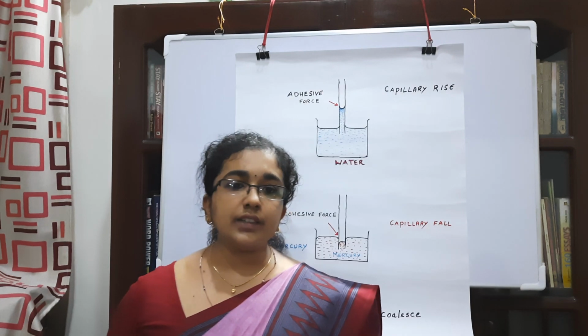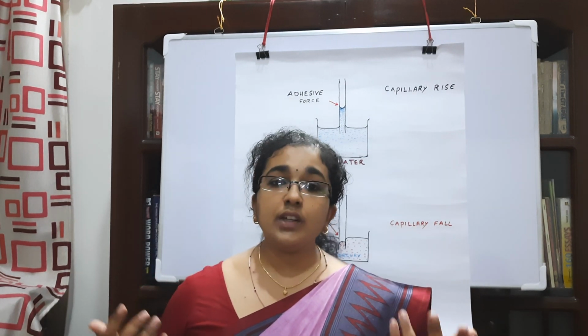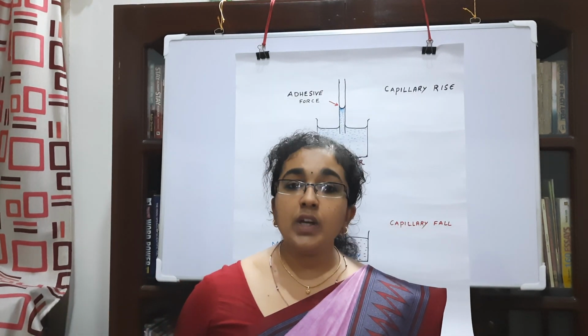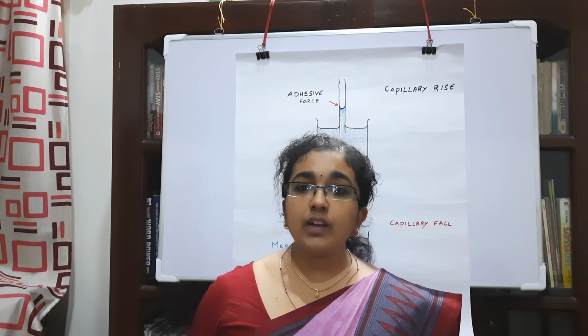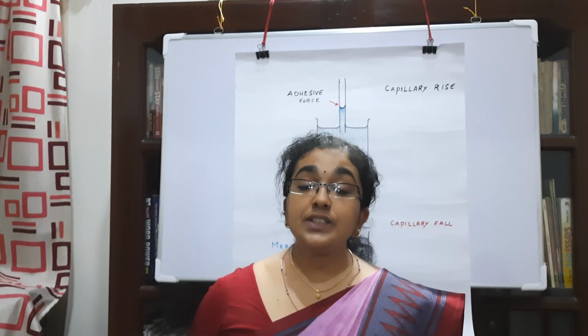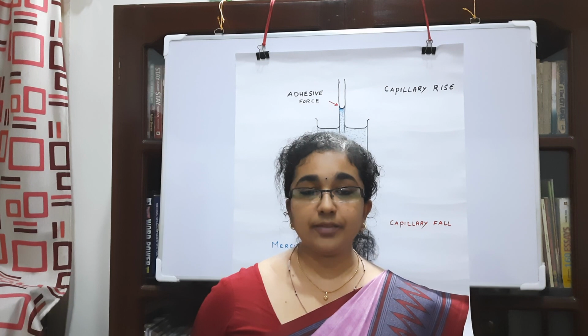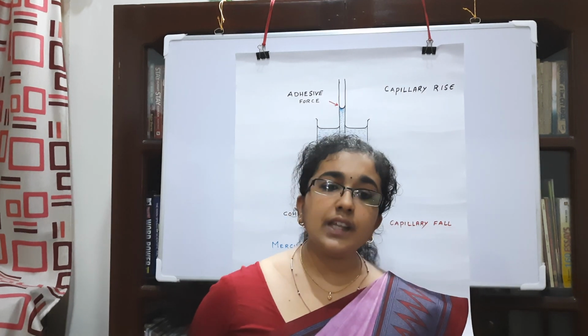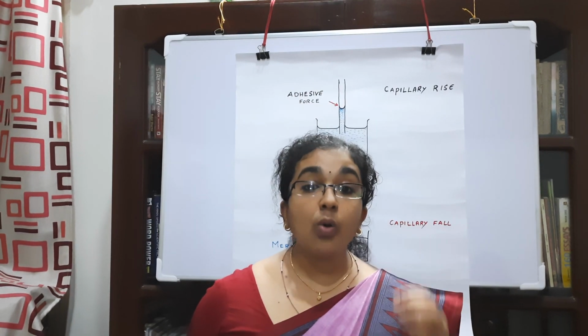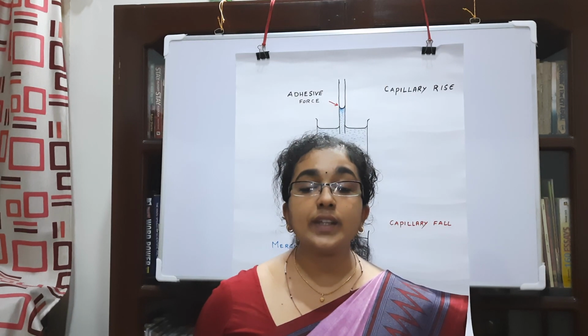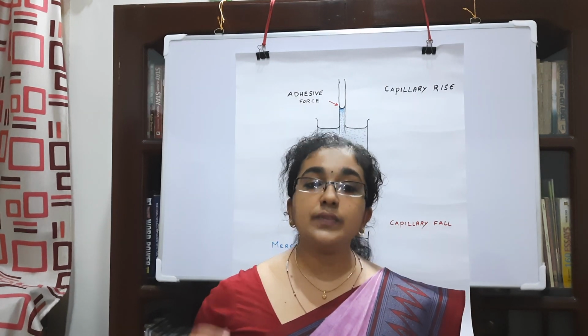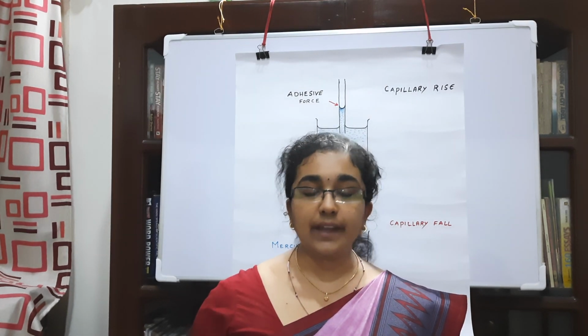As the diameter of the capillary tube increases, the capillary rise decreases, right? Then secondly, it is the contact angle between the liquid and the surface to which it adheres.